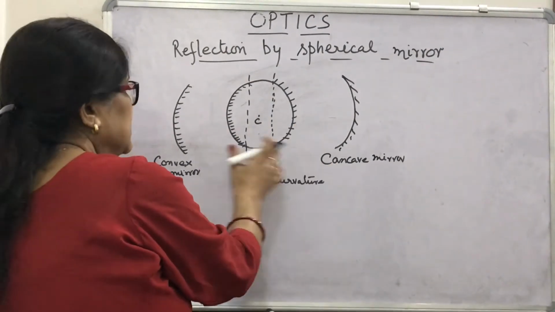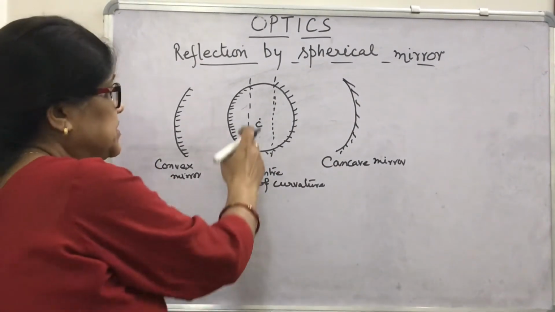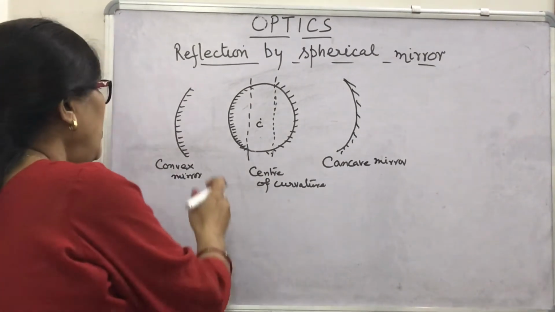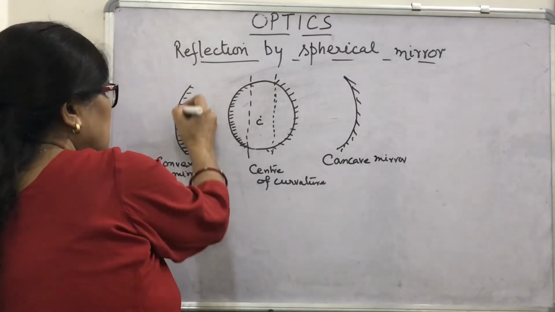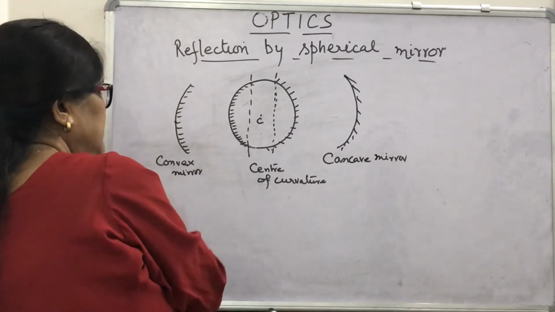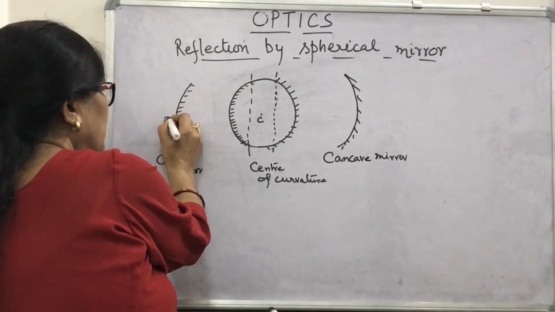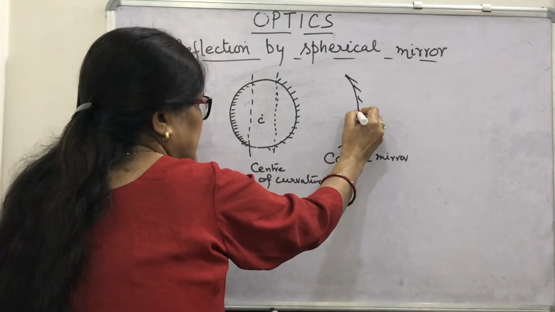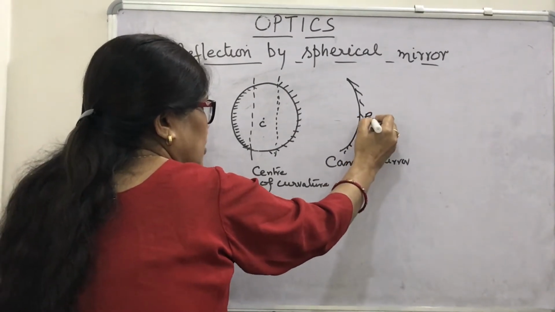The mirror is a part of a glass sphere whose center is called the center of curvature. And whatever the portion of the mirror, its midpoint is called the pole. Here this will be the midpoint and this is called the pole.